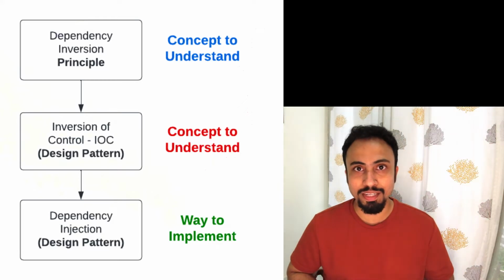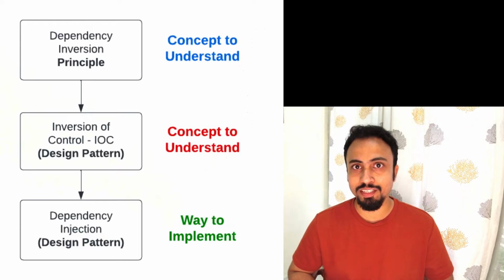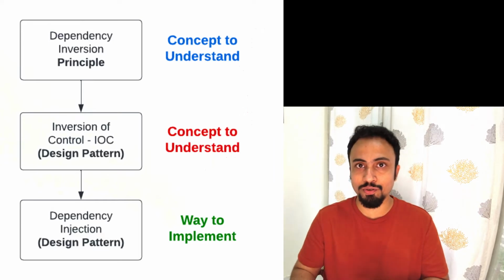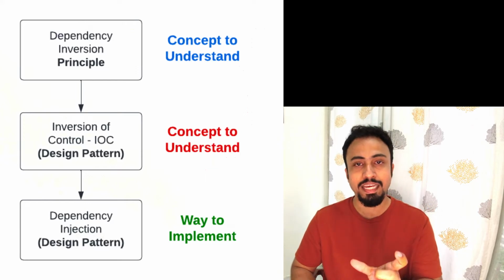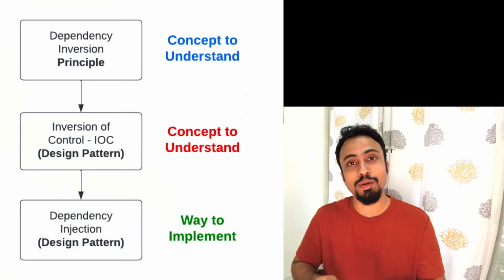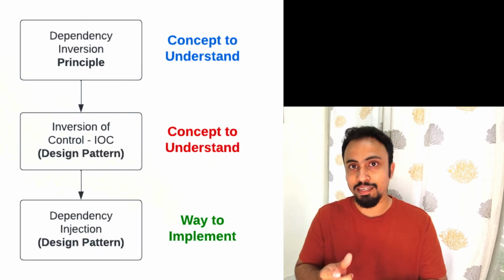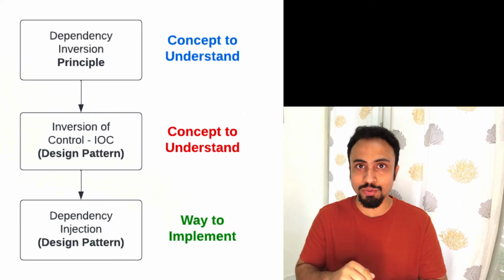Pay utmost attention over here, because dependency injection is a design pattern again, which is a part of inversion of control. Inversion of control is a design pattern, and dependency injection is one of the ways to implement IOC.